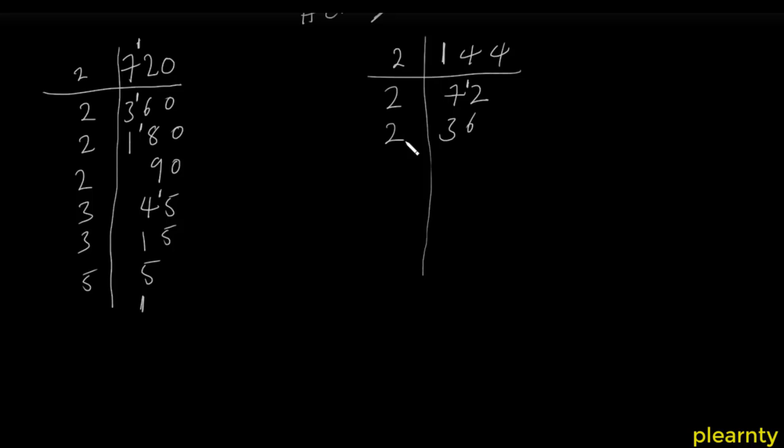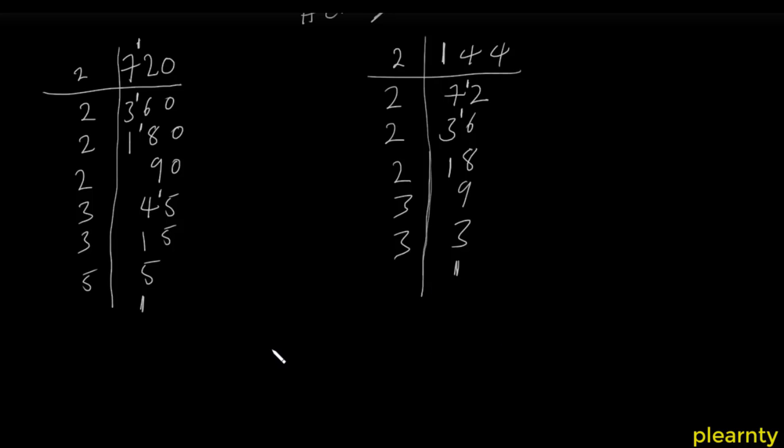And this by 2, you have 18. And this by 2 would give you 9. You have 3. It will give you 3, and another 3 will give you 1. So it is as simple as that.